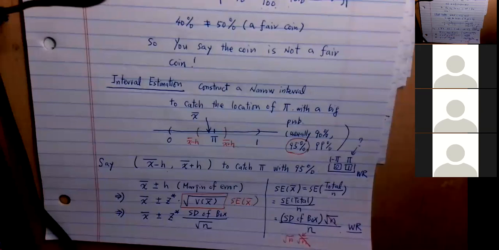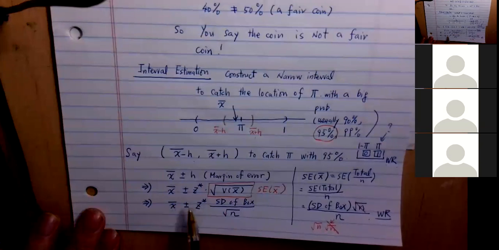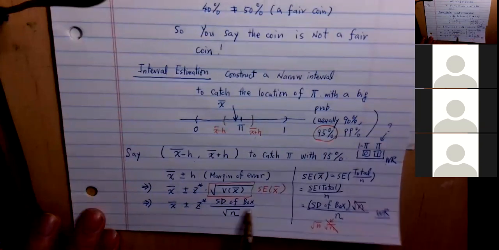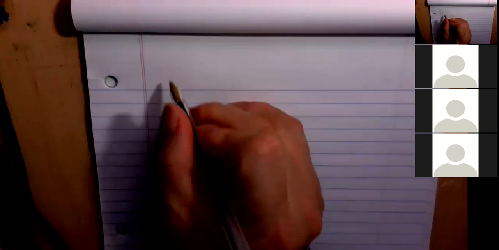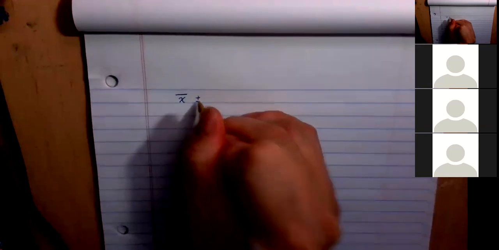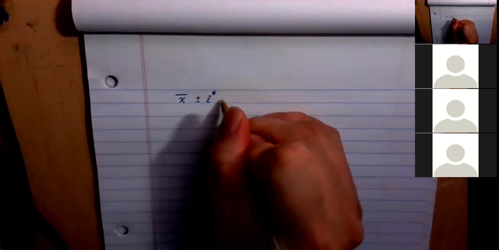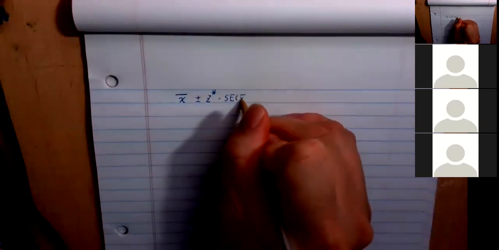Okay, let's move on. Now, this is X bar plus or minus Z star. Z star is the critical Z value, standard deviation of the box over square root n. I just copied down what I wrote on the previous page: X bar plus or minus Z star times SE of X bar.